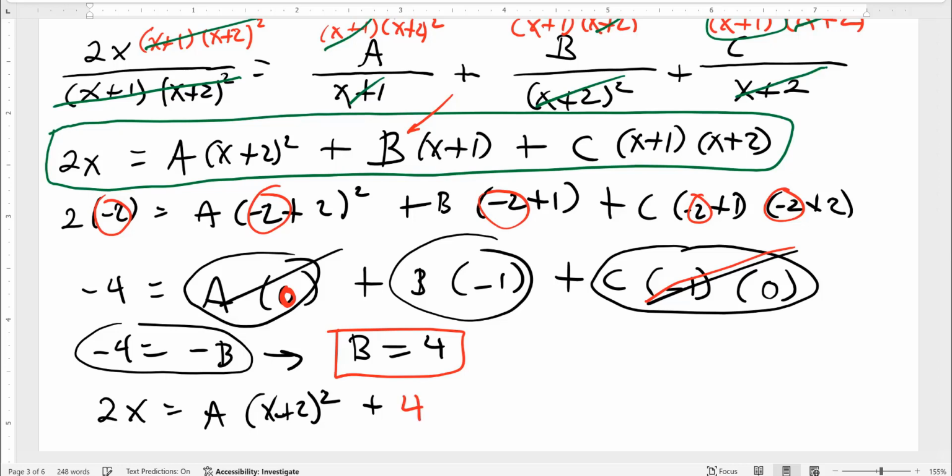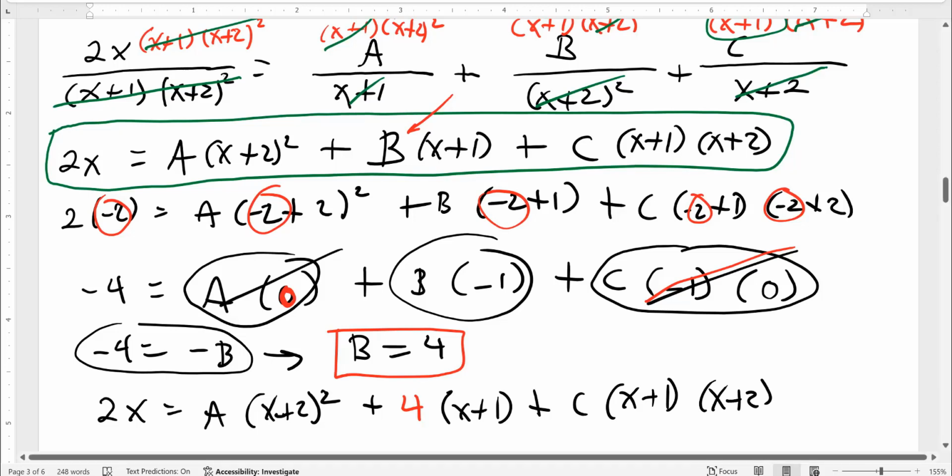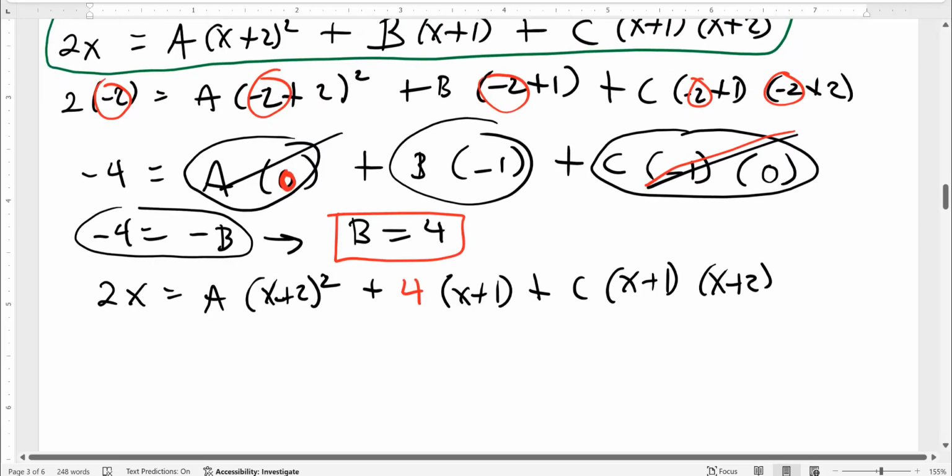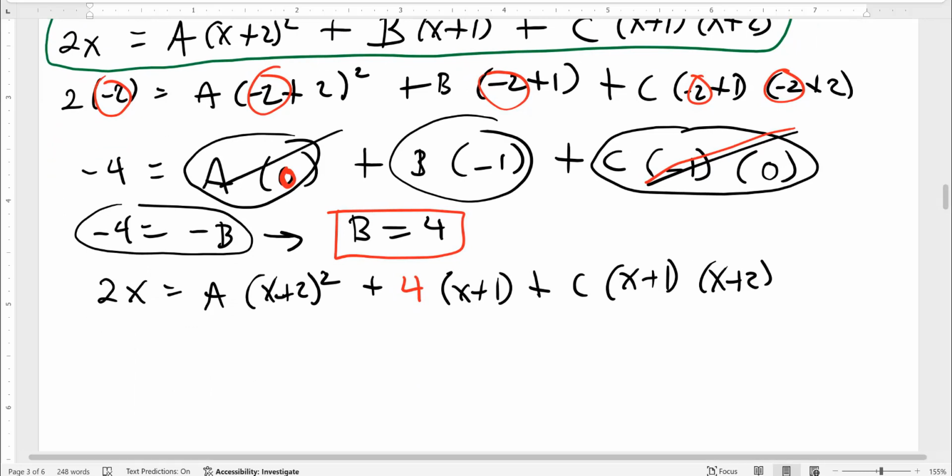So that's a 4 instead of B, and then we have x plus 1 plus C times x plus 1 times x plus 2. So what am I going to plug in now? I'm going to plug in -1 for x.